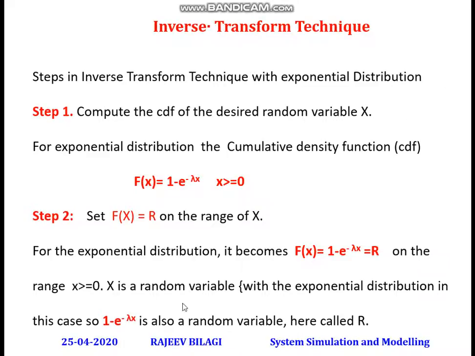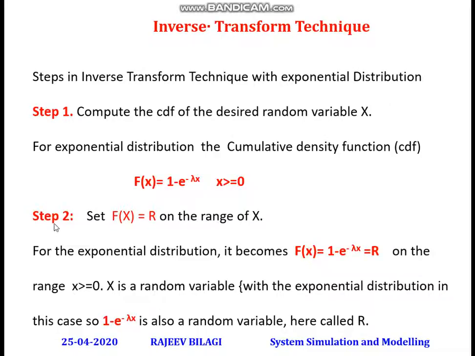Now, these are all the different steps in this particular inverse transform technique. Step 1, compute the CDF of the desired random variable x. Now, the CDF for this is given by F of x equal to 1 minus e to the power of minus lambda x, where x is greater than or equal to 0.